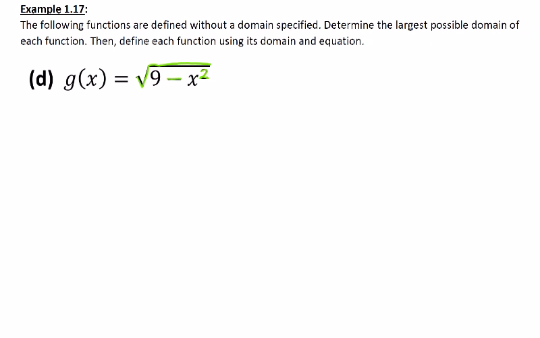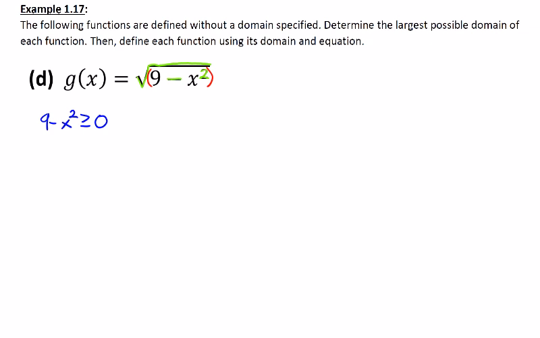We talked about this in part B of example 1.17. So the concern here is that we do not want any negative numbers to appear underneath that radical. So what we do algebraically is we take the expression 9 minus x squared and we say, let's have it be greater than or equal to 0.